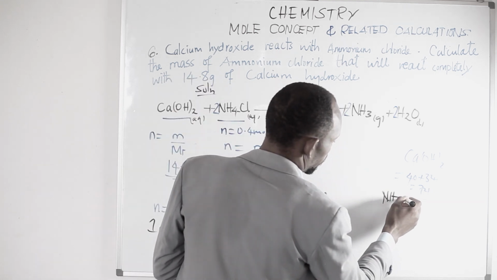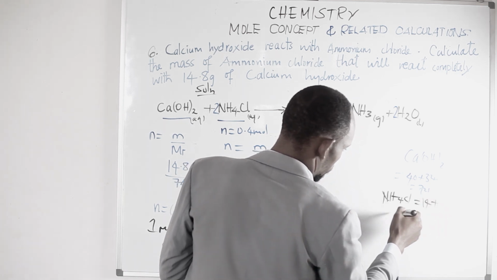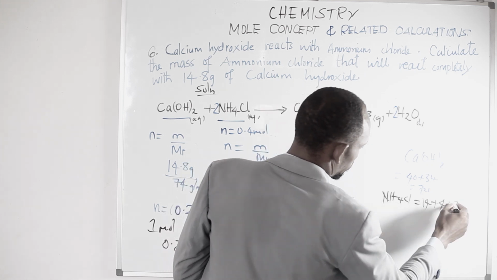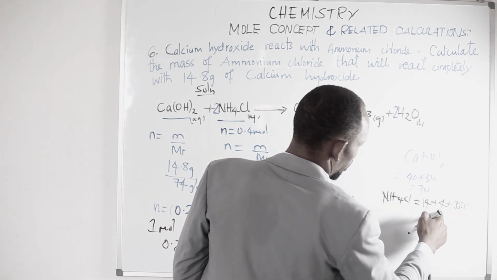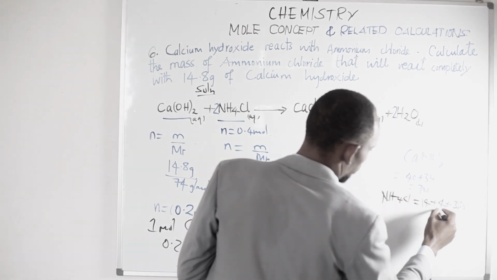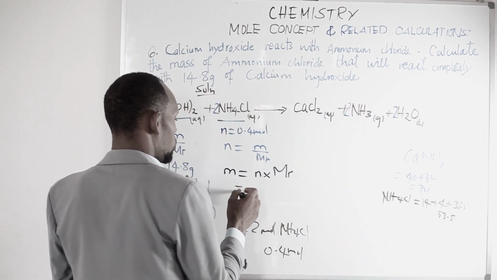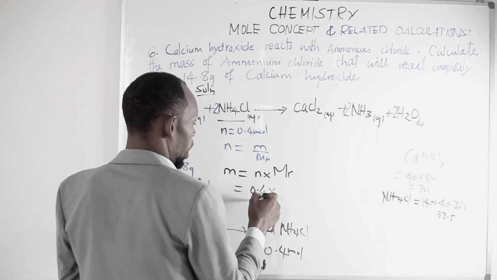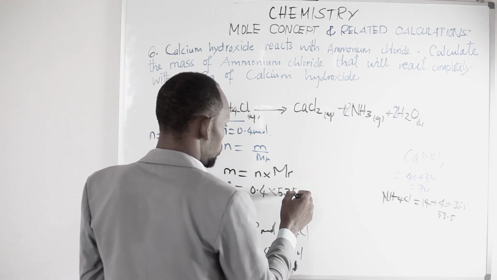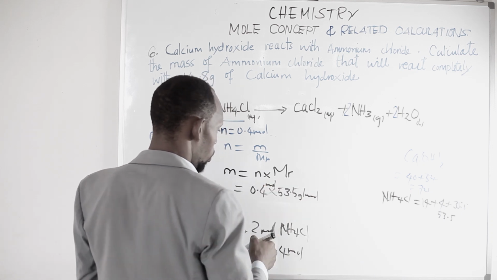Ammonium chloride is equal to nitrogen 14 plus hydrogen 1 times 4, plus chlorine 35.5. 18 plus this, you will find that this is 53.5. So mass is equal to number of moles 0.4 times 53.5 g per mole.